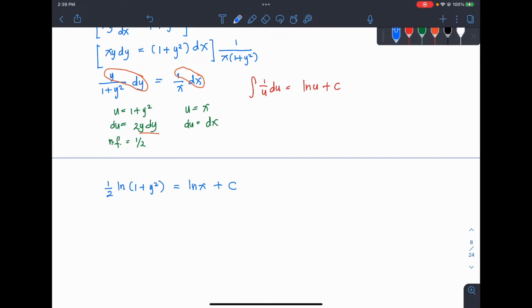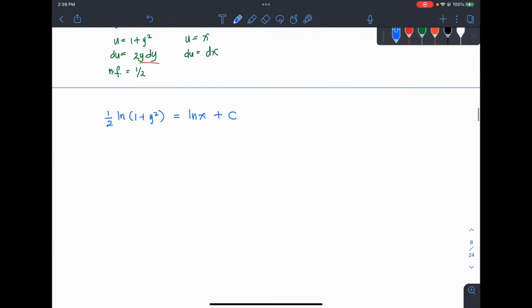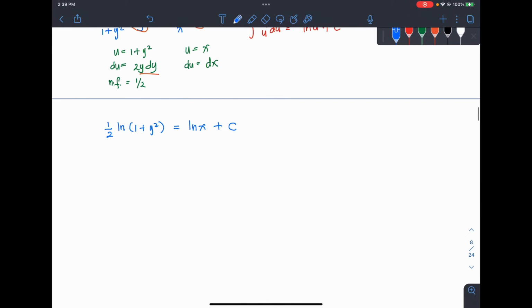Since there are two logarithmic functions, we can combine them both at the left-hand side of the equation, giving us 1/2 ln of 1 plus y squared minus ln x equal to c.